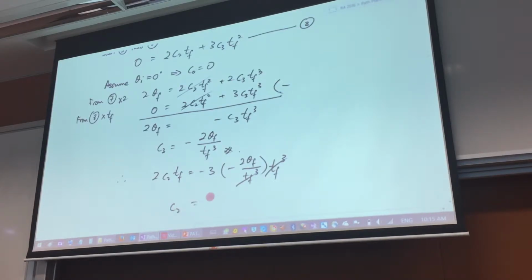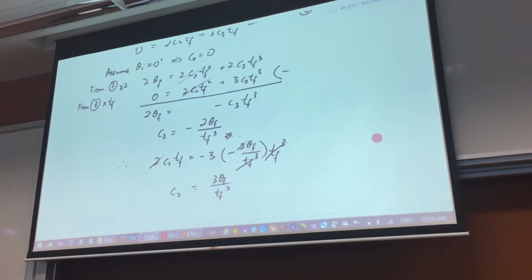So C2 is equal to 3 theta F, this 2 and this 2 can cancel off, divided by TF squared. Oh, there's a square missing here.